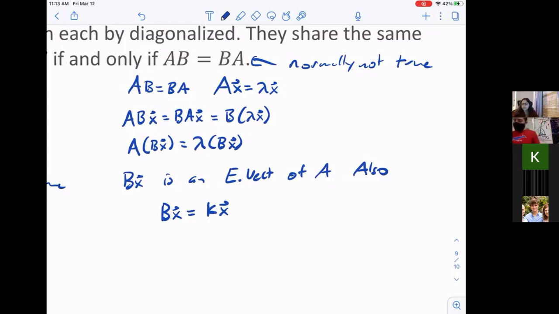Well, again, this is the definition of an eigenvector of B, right? That BX equals a multiple of X. So that's how you'd prove it: we could start with an eigenvector of A and that AB equals BA, and show X would also be an eigenvector of B.